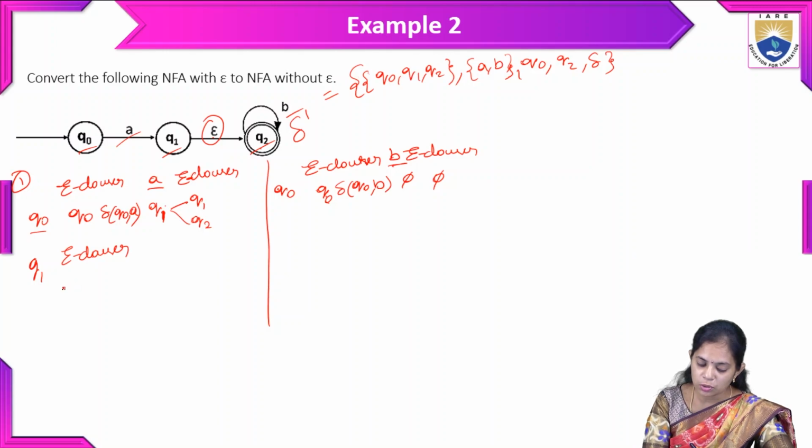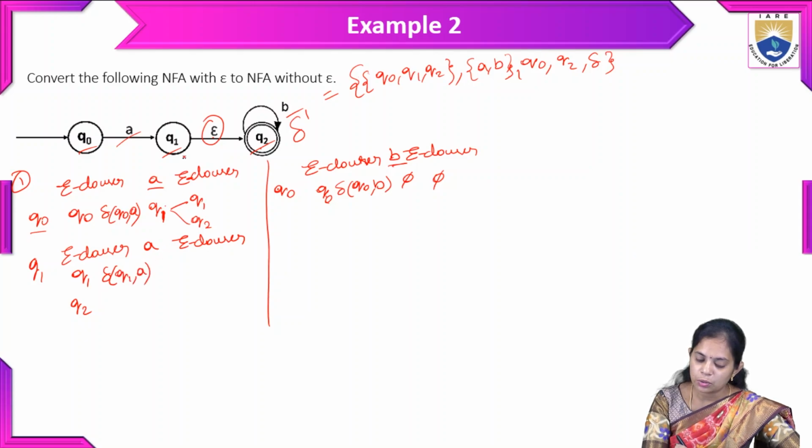So epsilon closure of Q1 is nothing but it has two states, Q1 and Q2. Now we take the A input and the epsilon closure. Transition of Q1 comma A: there is nothing there, so it is phi.